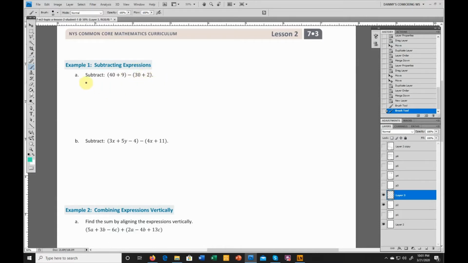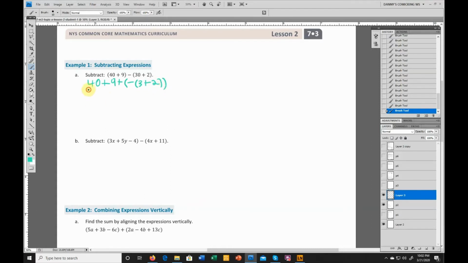So, we could start that out by writing 40 plus 9 plus, now here we have to put a parentheses in, minus 30 plus 2. And don't forget your outer parentheses.